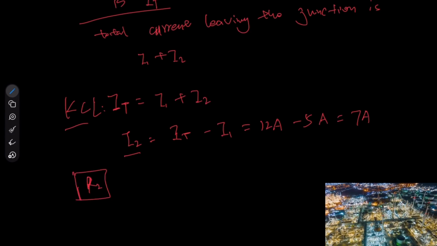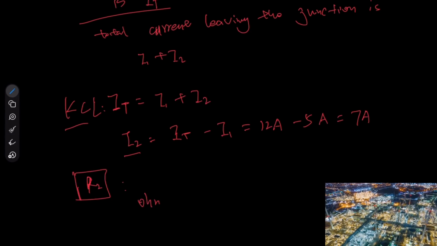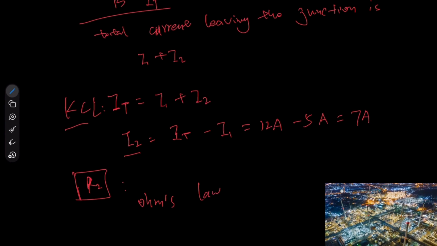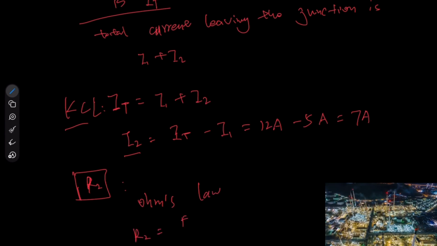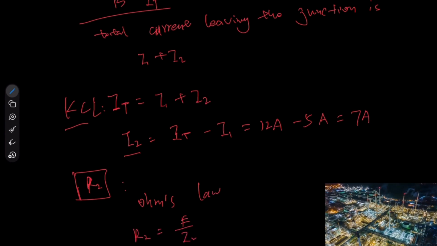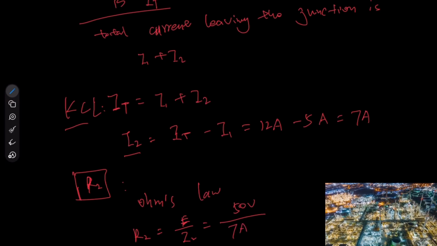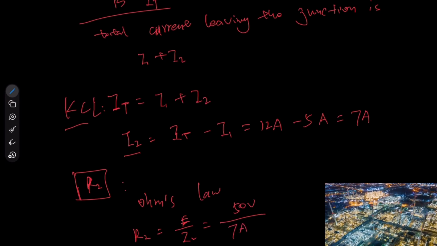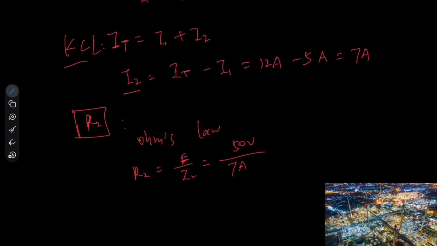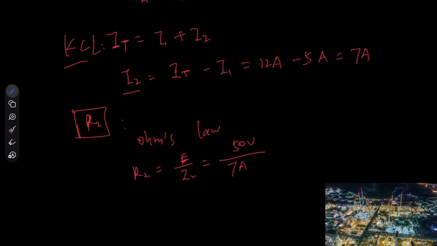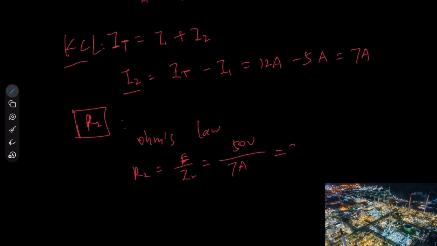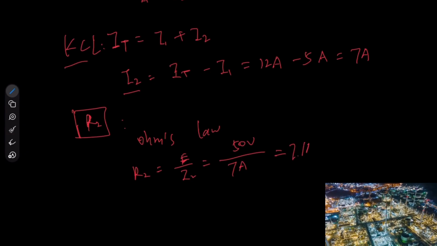In order to solve for R2, we can use Ohm's law. R2 equals E divided by I2, which will give us 50 volts divided by 7 amps, which will give us 7.14 ohms.